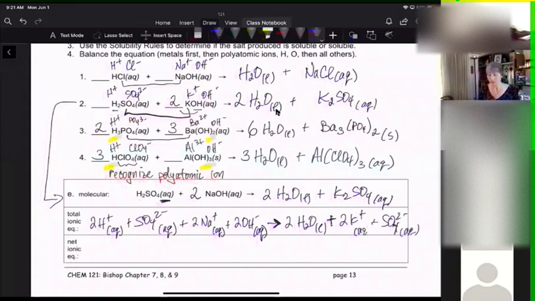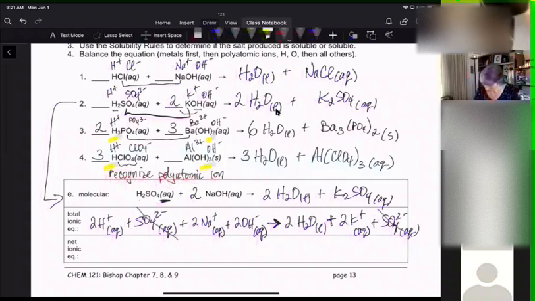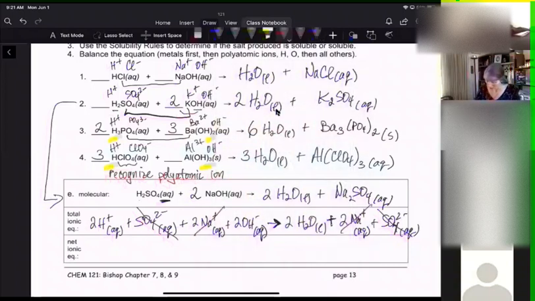All right, so now we have to cancel out our spectator ions. These are the ones that are exactly the same on both sides. So sulfate, oh, I wrote the wrong thing up here. We're looking at sodium, Na2. All right, so those are exactly the same, so they cancel out. Now everything left has a 2 in front.